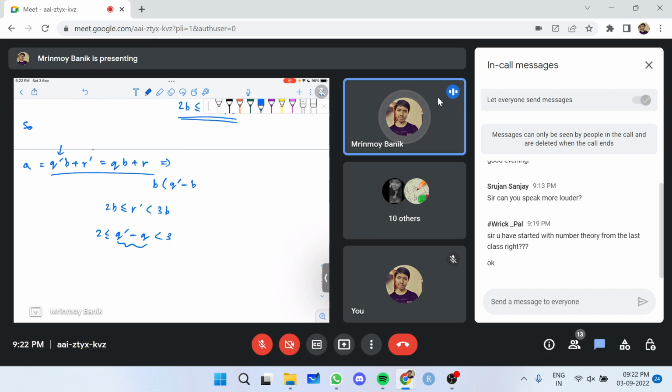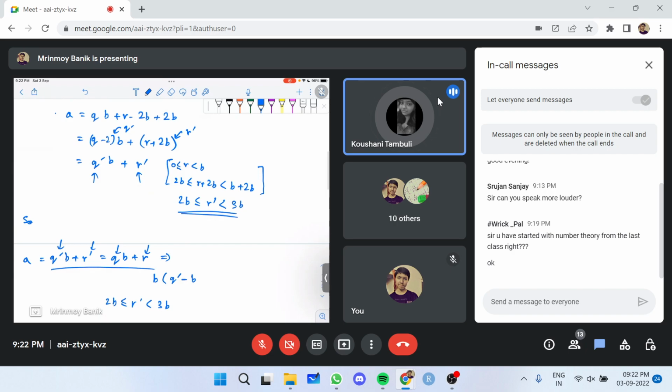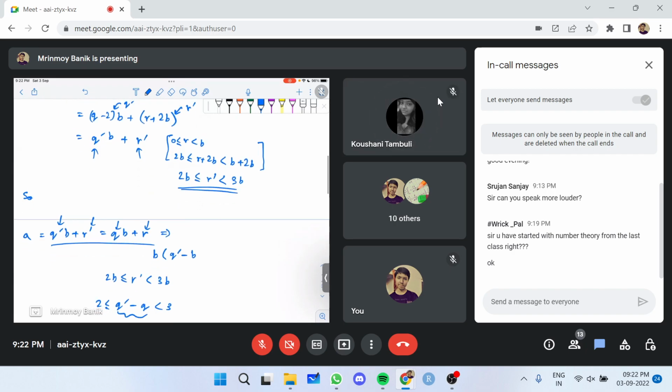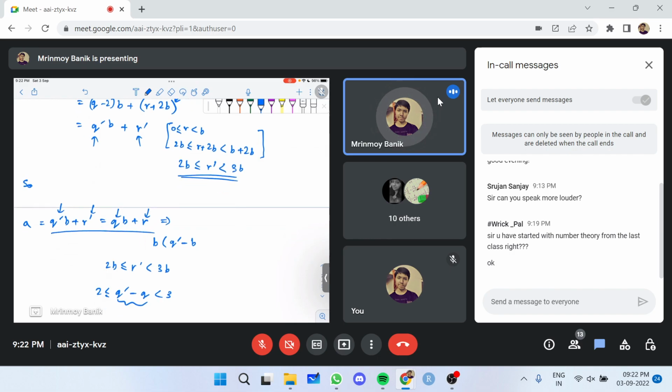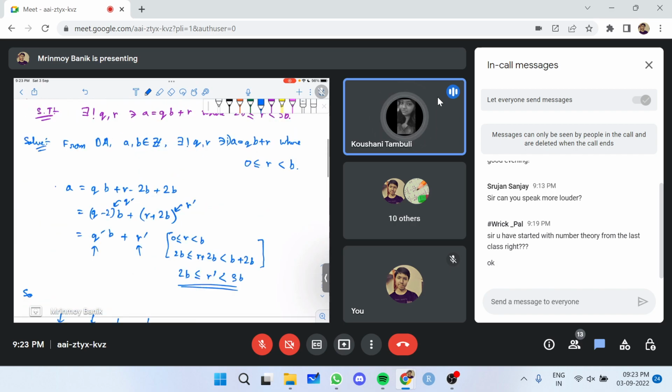So what are q dash, r dash, q and r, where did they come from? They are all integers, and I have assumed that they are equal. You mean q dash b plus r dash is equal to qb plus r, right? Yes, sir, and b is equal to b. So this equation actually implies q equals q dash and r equals r dash. Sir, I just thought to do it by contradiction: our assumption is wrong, that means that they two are unique integers, they two are not equal.